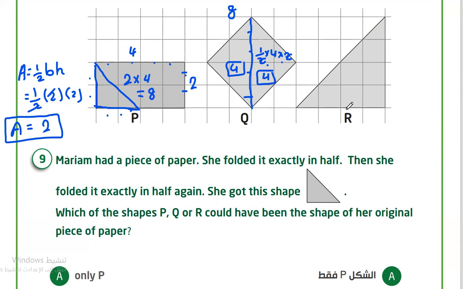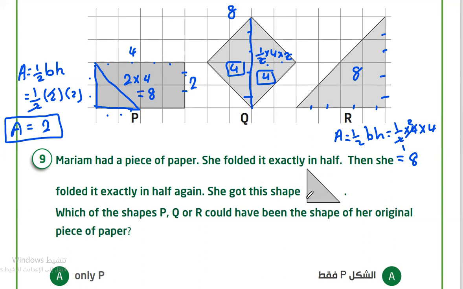Yes. So here also we multiply half times base times height. So half times 4 here, and also times 4. We simplify, and we also get the same area, 8, right? So each shape has an area of 8.